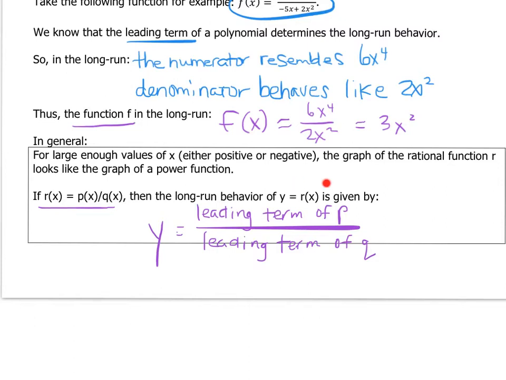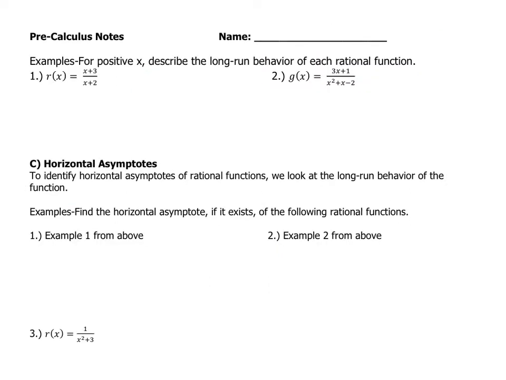Very much like what we did here. We took the leading term of the numerator over the leading term in the denominator. Then this gives us the function of our rational in the long run.